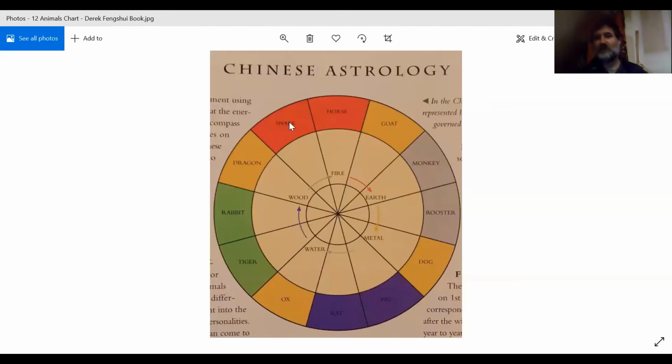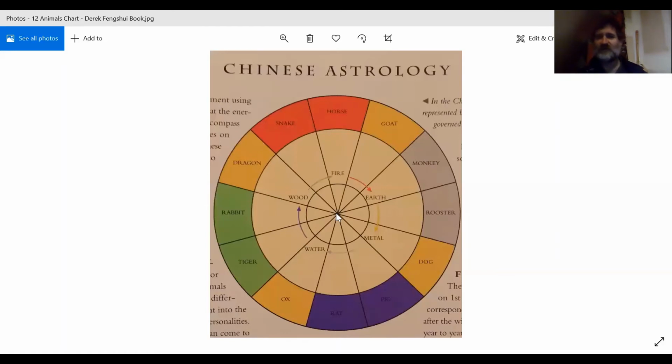Fire restrains metal. Metal restrains wood, and wood restrains earth. So those relationships are very much worth exploring more, and we will if you are practicing with me. And understanding these relationships is important when we interpret your 4 pillars reading.